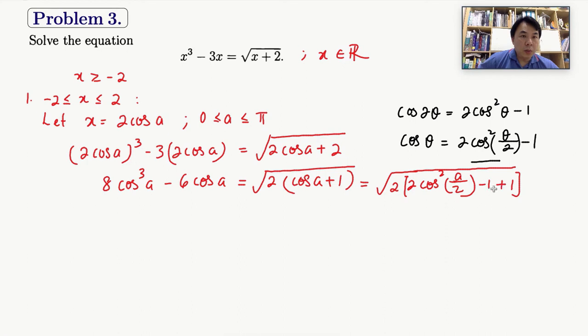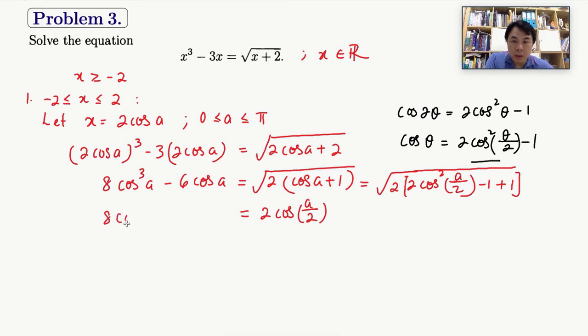And then from here, the -1 has been removed, and then we only have 2. And then since it's 2 square, we can simplify that as a 2, and then there's a square here, so that will be 2 cos A divided by 2. Okay, so there you have it.